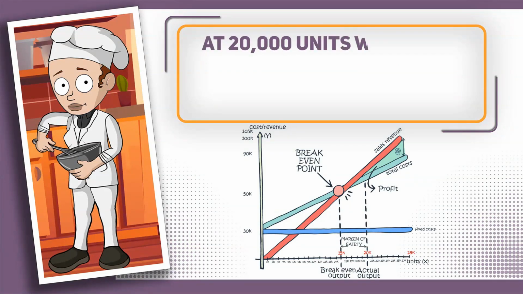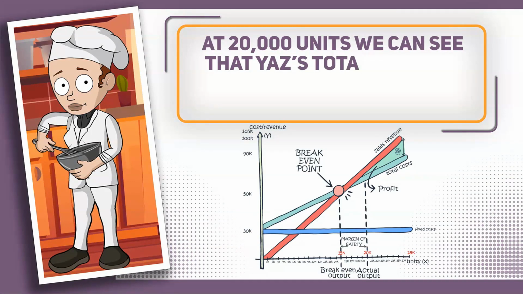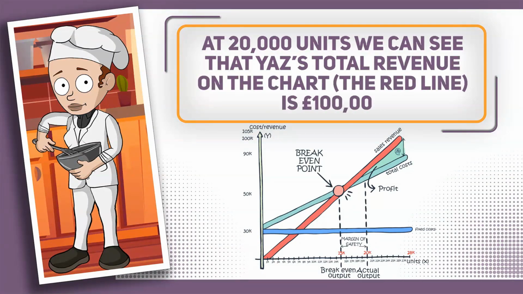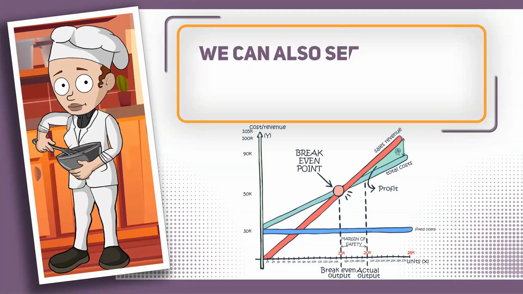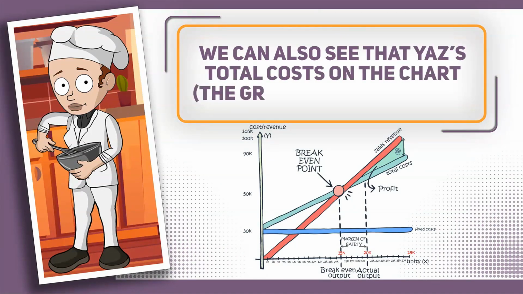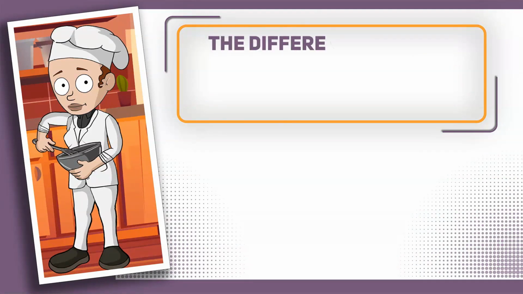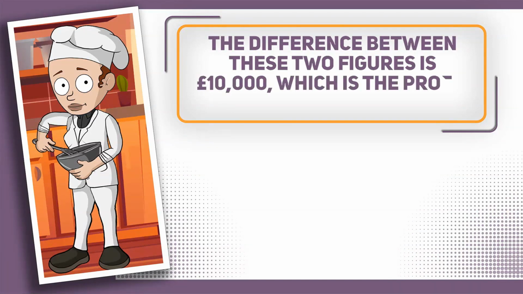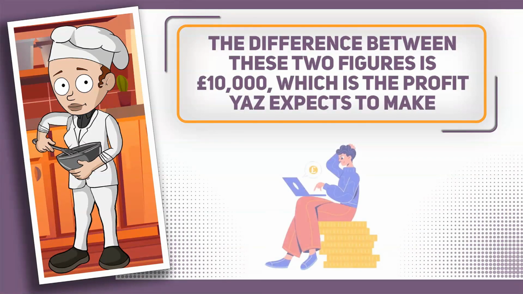At 20,000 units, we can see that Yaz's total revenue on the chart, on the red line, goes up to £100,000. At 20,000 units, we can also see that Yaz's total costs on the chart, the green line, are £90,000. And the difference between these two figures is £10,000, and this is £10,000 of profit that Yaz is expecting to make.